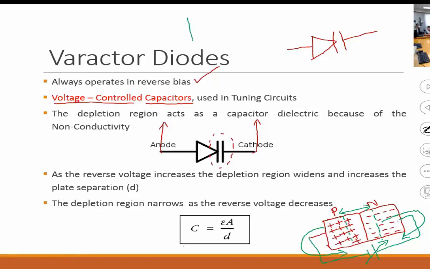You require two plates, correct? That's of course the symbol of a capacitor. You have two separate plates. These two plates are conductors. But what should be in between these two conductors? A non-conductor, which is usually a dielectric material or an insulator.